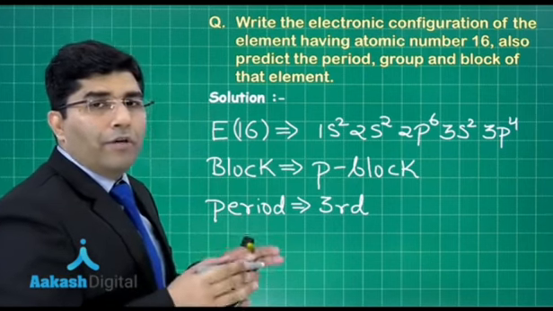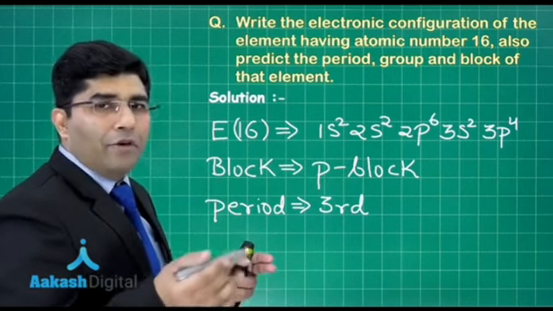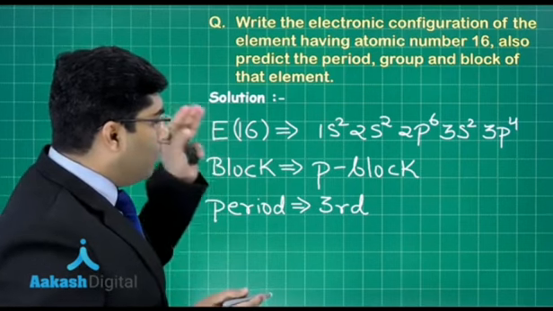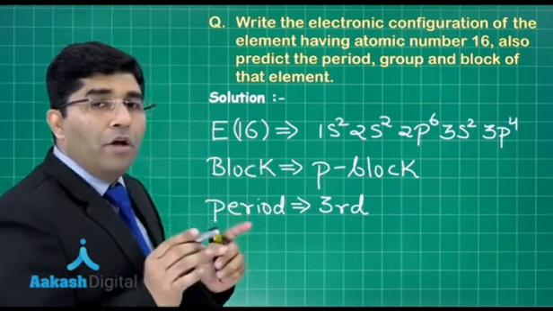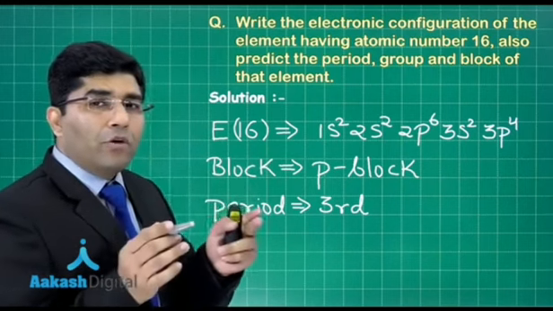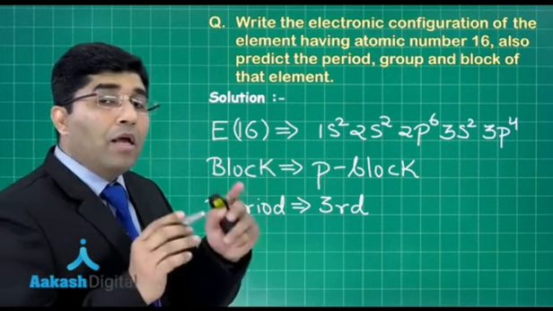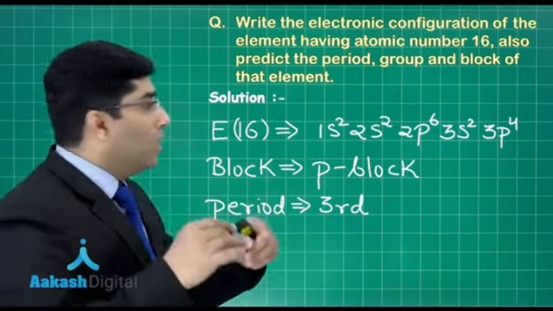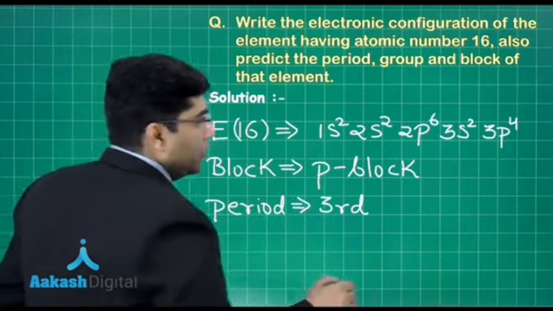Now the group. For different blocks we have different rules, and we know that if the element is present in the p block, we have to add the number of electrons present in the s subshell and p subshell of the valence shell, plus 10.